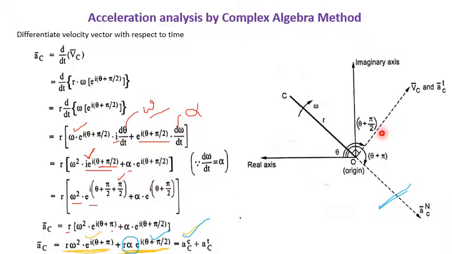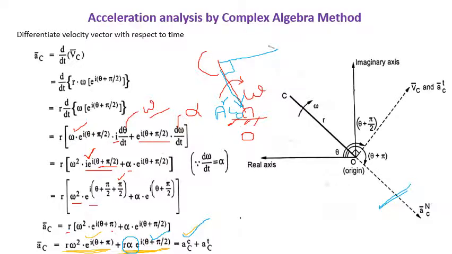There is a similarity between the analytical as well as the graphical method. If we assume the same in the case of link OC, which is rotating in the clockwise direction with an angular velocity omega, its radial acceleration acts towards the center of rotation, which is nothing but this point, right? So this is the radial acceleration, the radial acceleration of C with respect to O. Its tangential acceleration acts tangent to it, or perpendicular to the link.